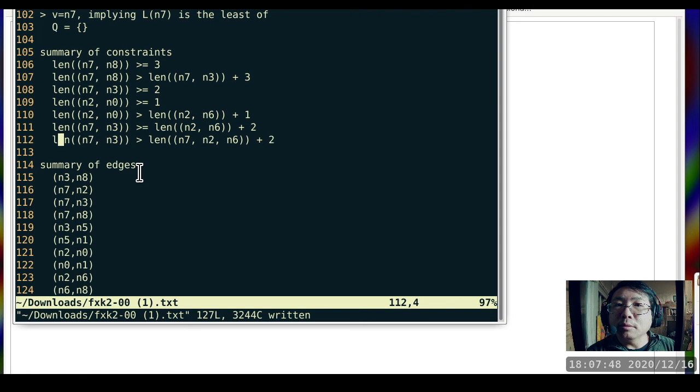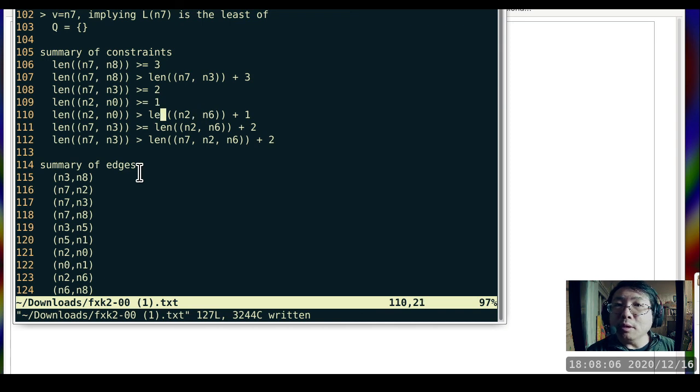All right, so it looks like n2 to n6 is going to be the next one, because n2 to n6 is only appearing on the right hand side.